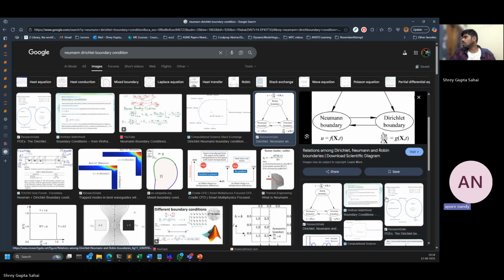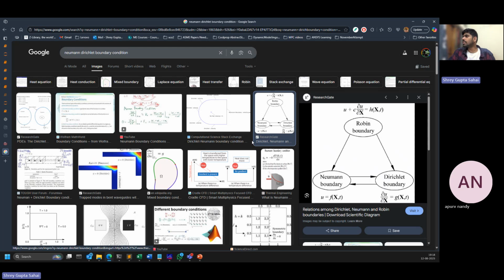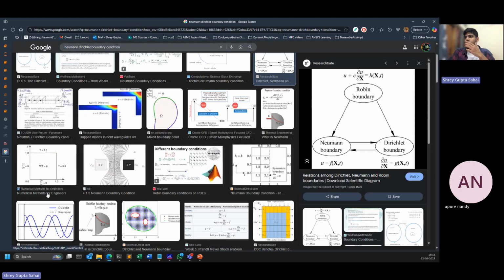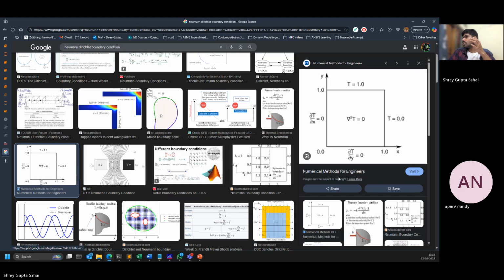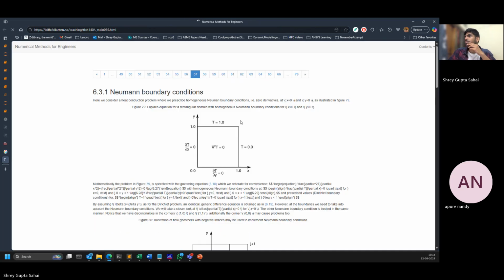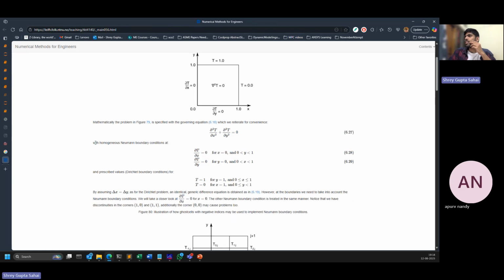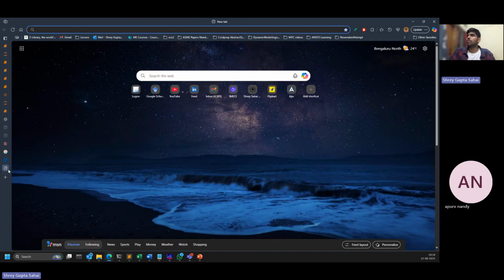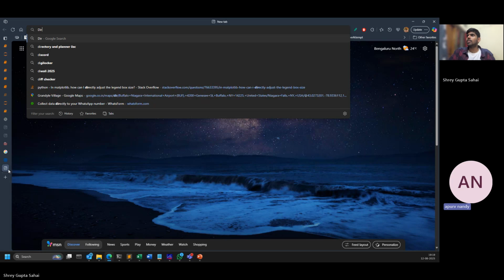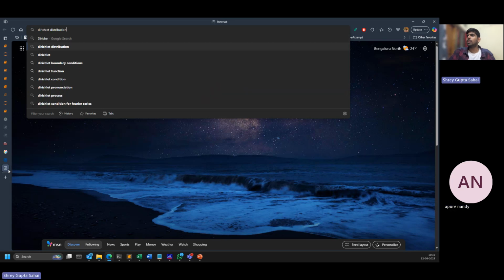Dirichlet is derivative and Neumann is... no, wait, let me check. Am I making any errors? See, homogeneous Neumann boundary condition at delta. These are the Neumann boundary conditions, and these are Dirichlet boundary conditions. Sorry, now let's check it properly.